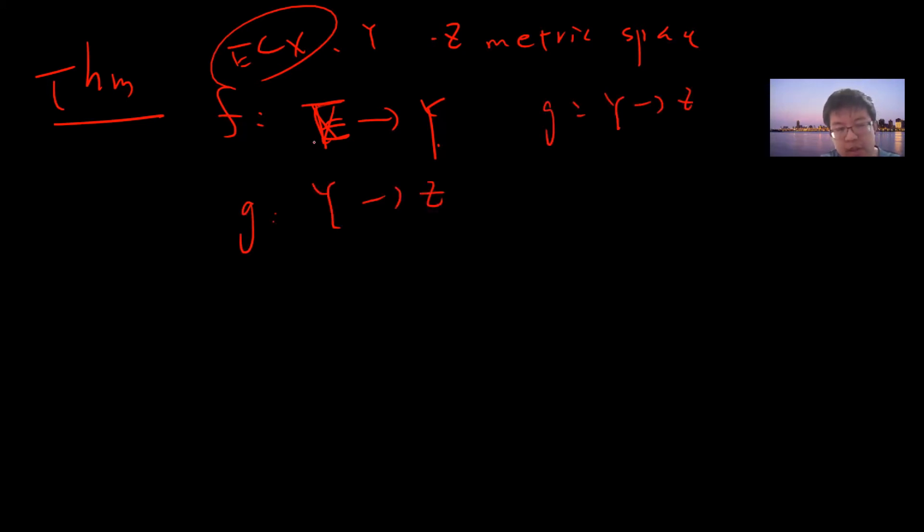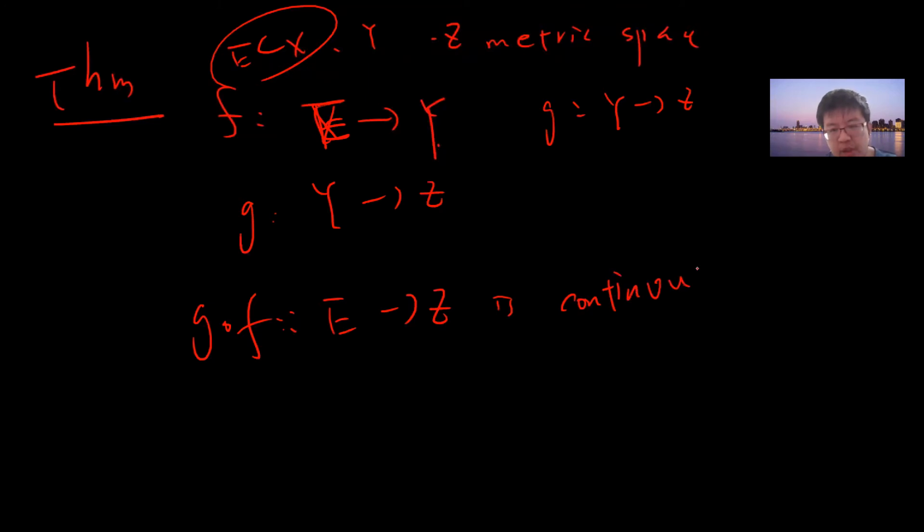Suppose f has a limit at some point p, and g has some limit. What I want to say is that if f is continuous and g is continuous, then g circle f, from e to z, is continuous. So basically, the composition of continuous functions is continuous.